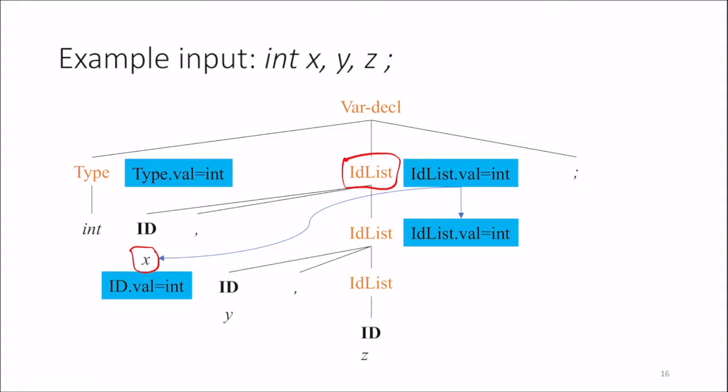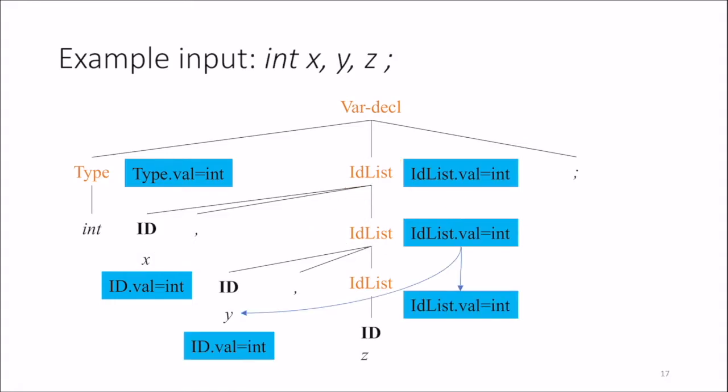It also passes it down here to this ID list. And the reason for that is in order to take that information and move it down to Y, so that Y also, when it inserts itself into the symbol table, knows that it should be an integer. And it's getting that from this node, right? So this node here, which got it from this node, which got it from this node.